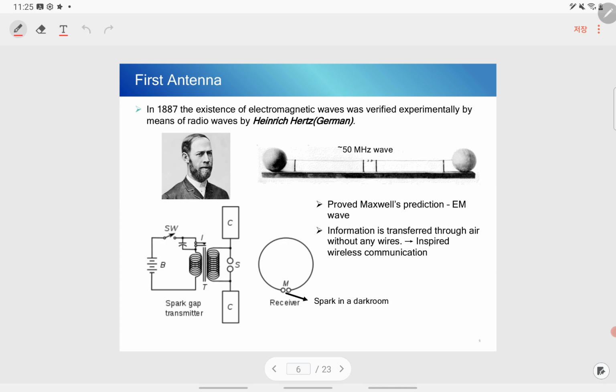before Hertz. About 15 years later, Hertz, a German scientist, proved that EM waves can be generated from this antenna, and this is a receiver.